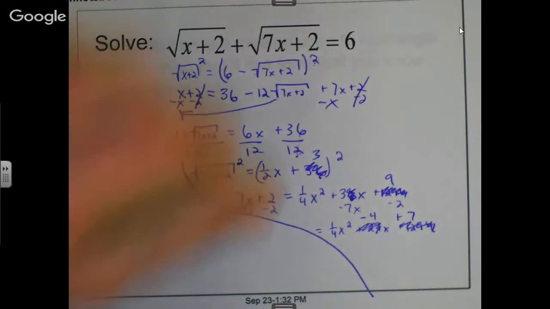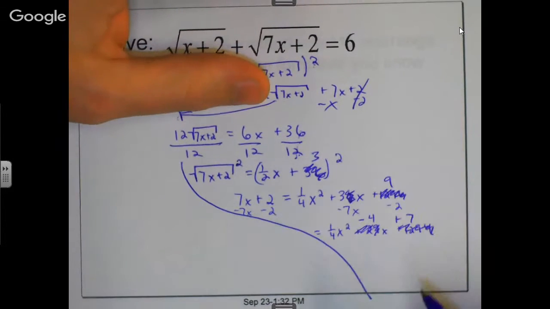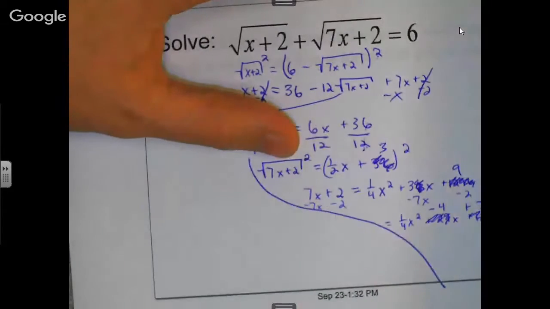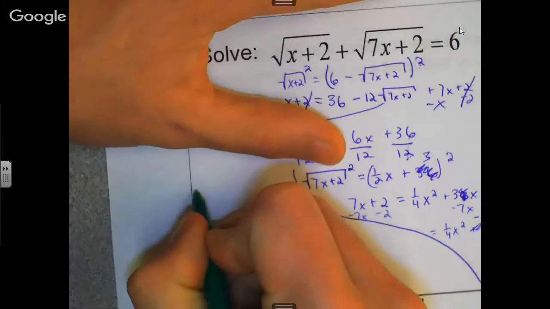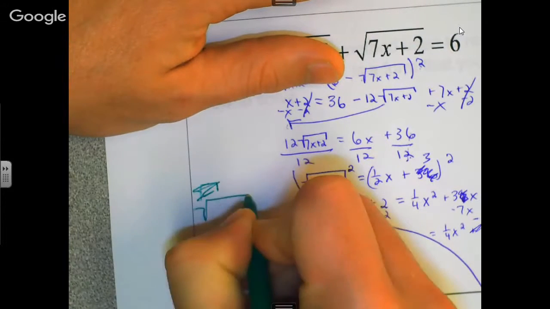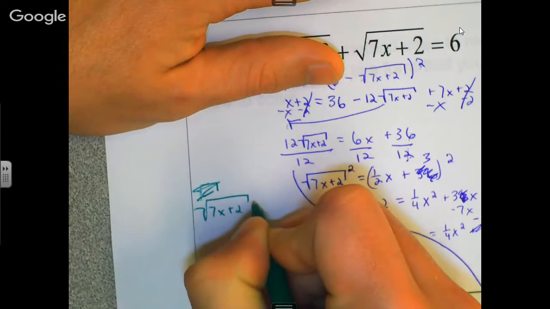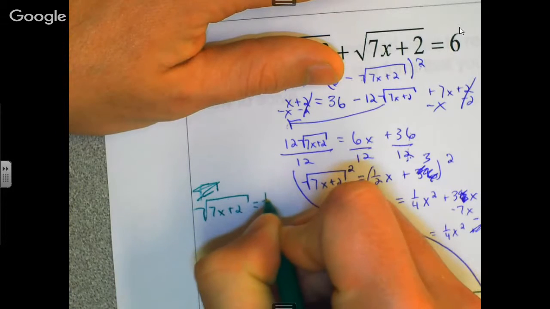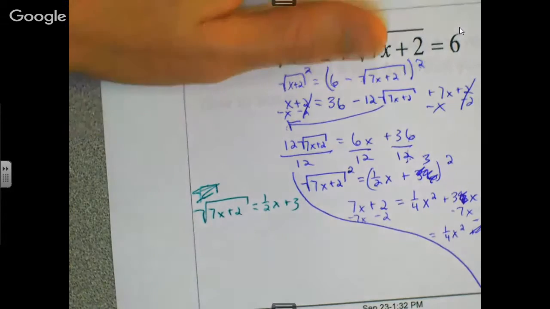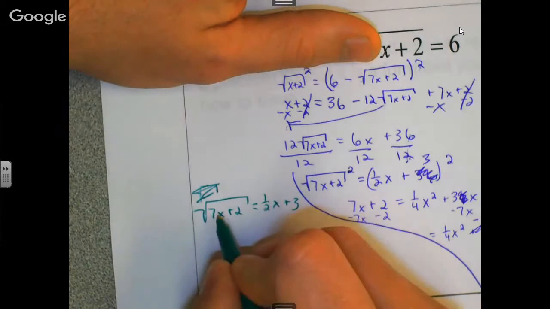Okay, so if I don't deal with the fractions here, let's go back here and say I've got the square root of 7x plus 2 equals 1/2 x plus 3. Okay. I need to get rid of this, so I'll multiply everything by 2.